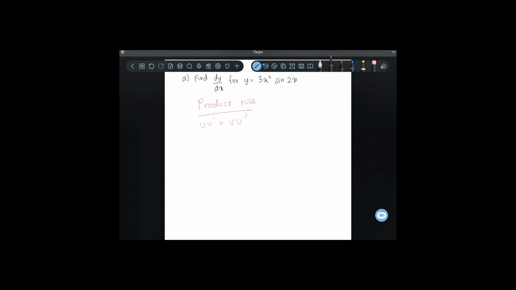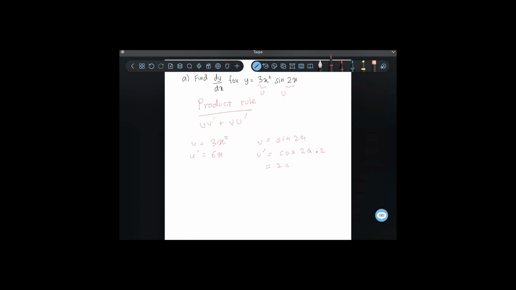First we need to declare which one is u and which one is v. So 3x squared equals u, then v equals sine 2x. u prime equals 6x, then v prime equals cos 2x times 2.